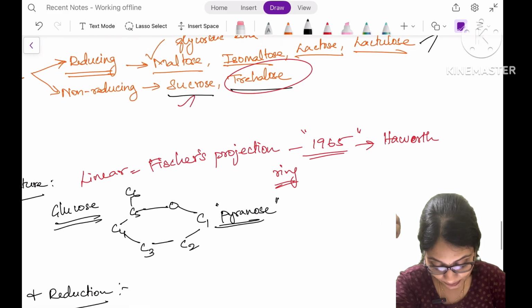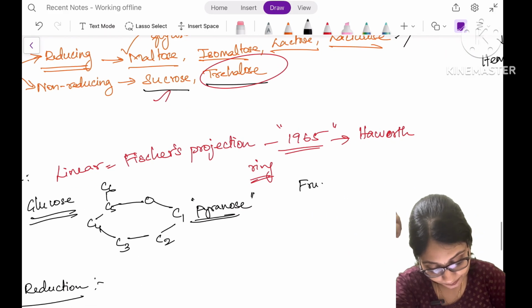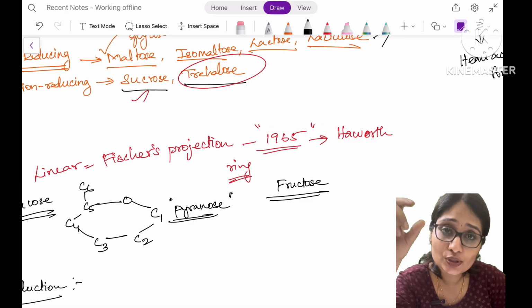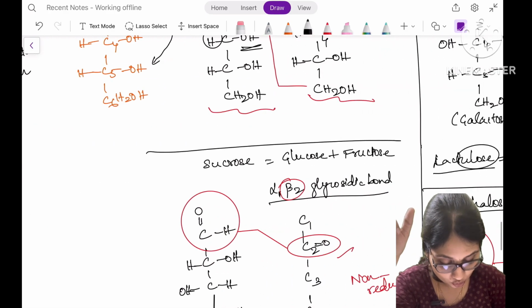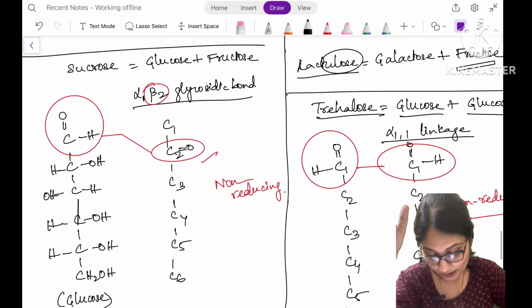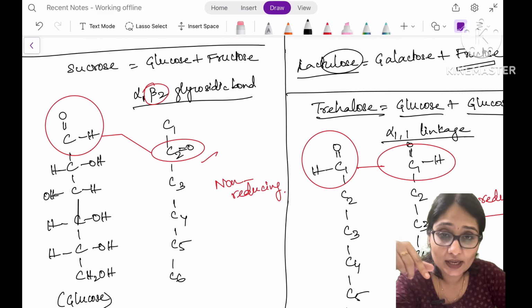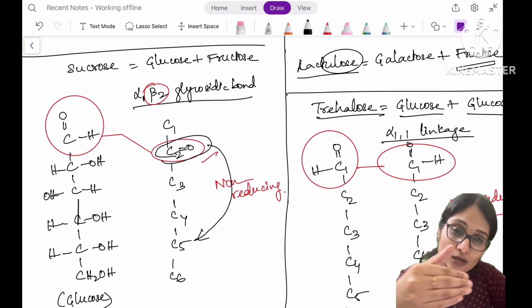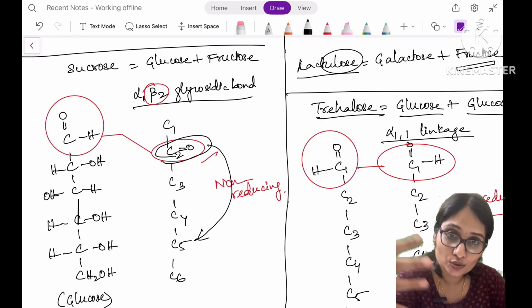Similarly for fructose, I discussed the structure of fructose. In the structure of fructose, as we drew here, we can see that the functional group is in the second position. So this functional group, this C2, is going to be interacting with C5. Again there is intramolecular hydrogen bonding that is going to cause the ring structure.